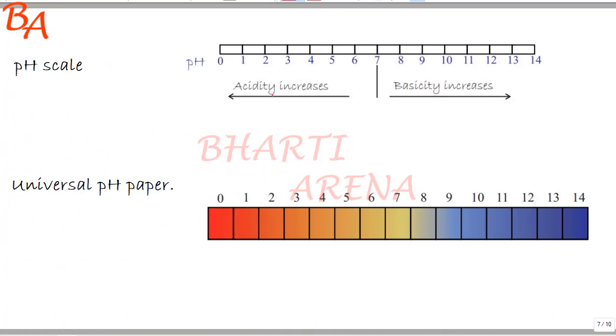pH scale. It is a scale which ranges from 0 to 14. If the pH is 7, then it is neutral solution. So pH equals 7, it is neutral. And if pH is less than 7, the solution is acidic.